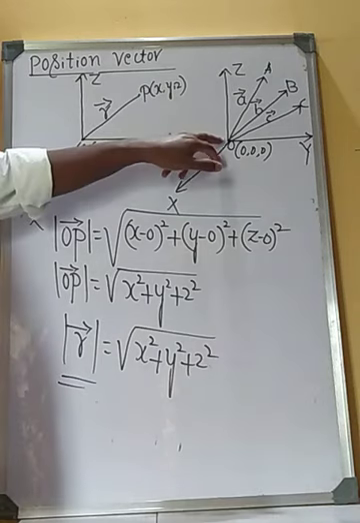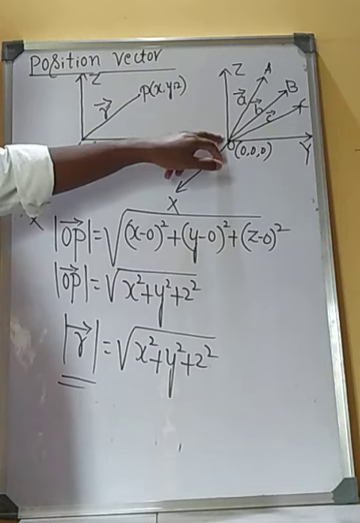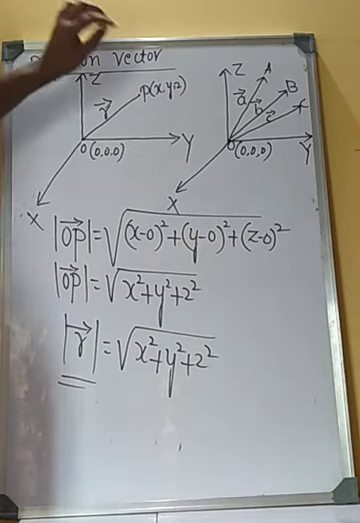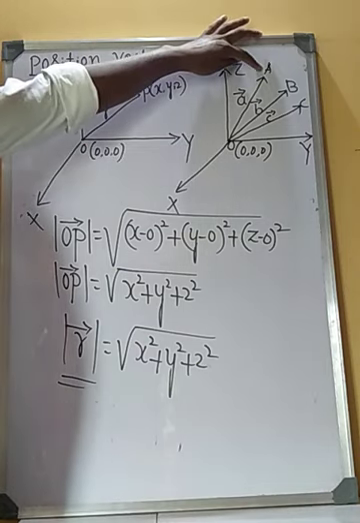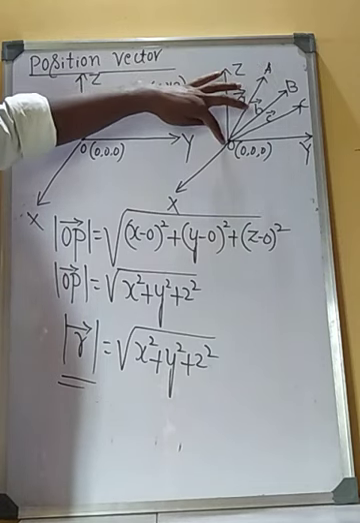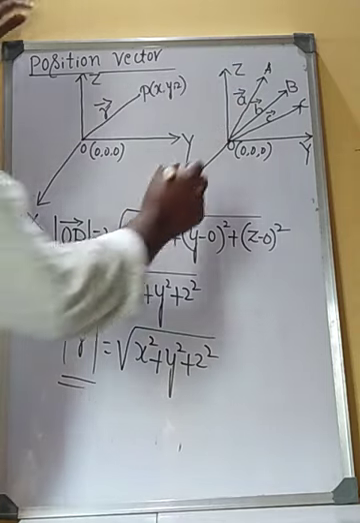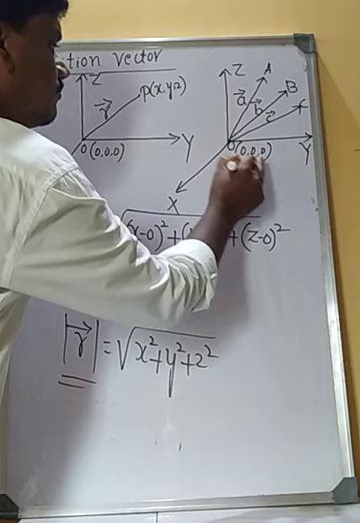From this figure, the point A with respect to the origin O is the position vector OA.